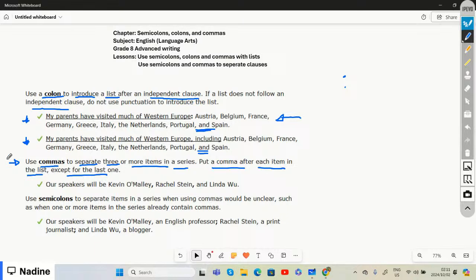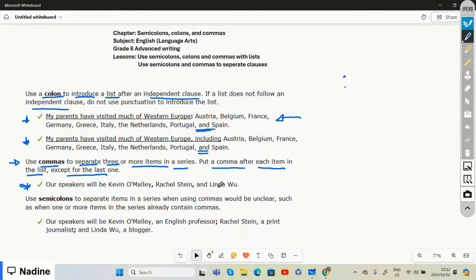And if we look at an example of how we use commas to separate three or more items within a series, it says: our speakers will be Kevin O'Malley, Rachel Stein, and Linda Hu, right? So there we have a list of three people that will be the speakers.